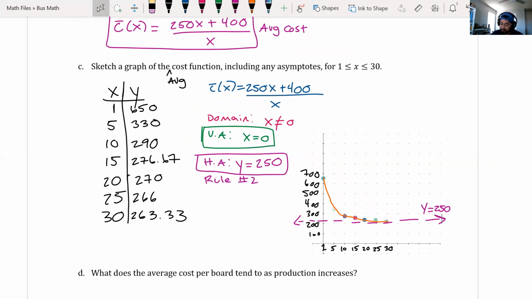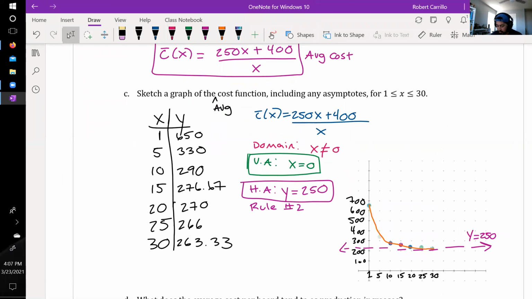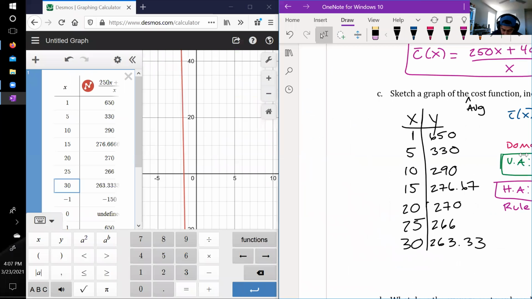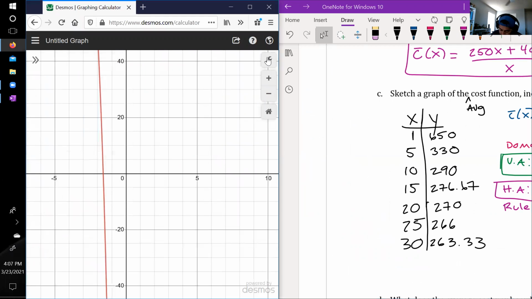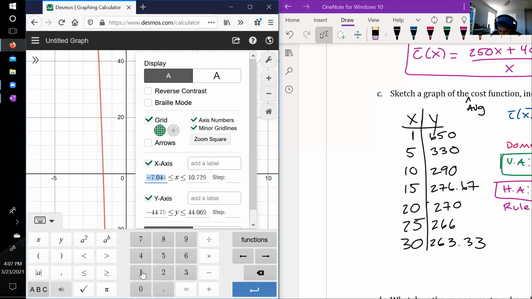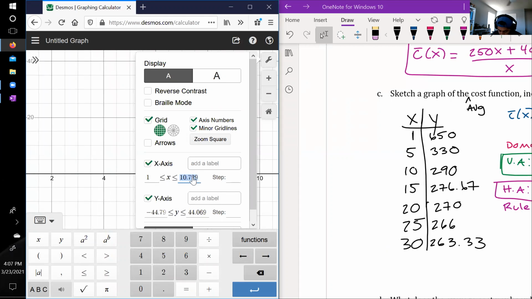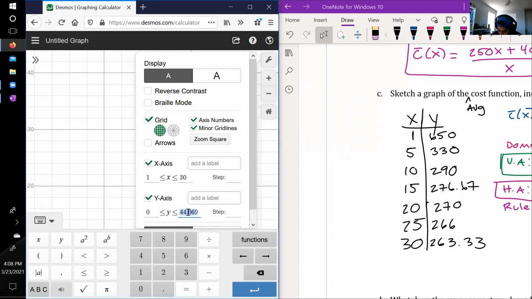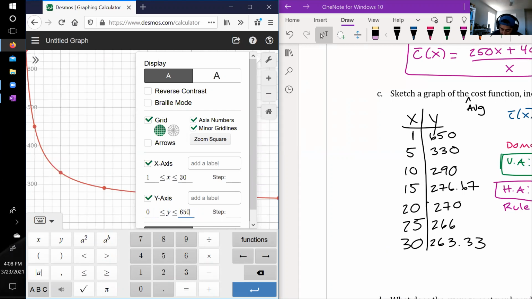And of course, we could look at a better sketch. Let me go ahead and change these intervals. So my x-axis will start at 1 and end at 30. My y-axis will start at 0 and end at 650. There we go.